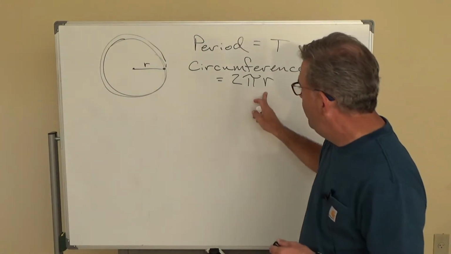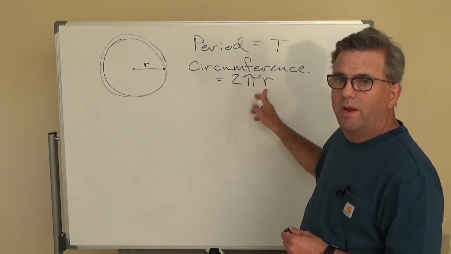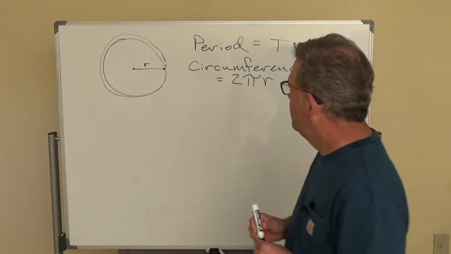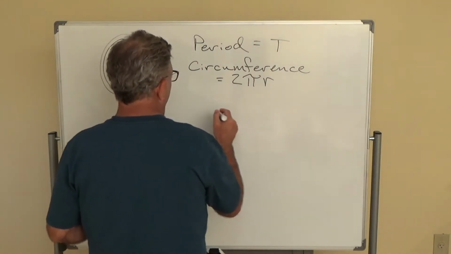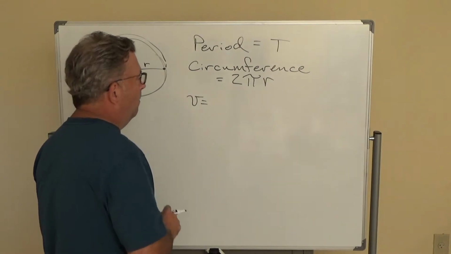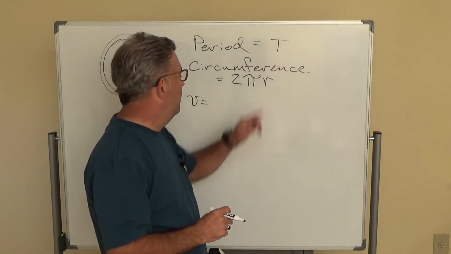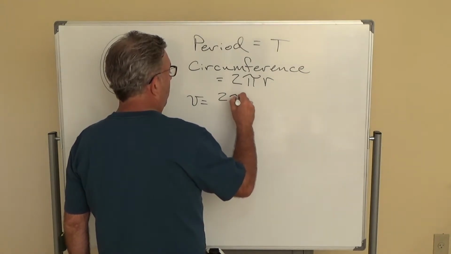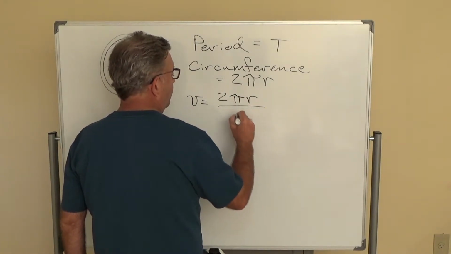If you know the radius, it's 2 pi times the radius. That's the distance around the circle. So what's the velocity of an object moving in a circle? Well, it's the distance divided by the time. So it's 2 pi r divided by T.